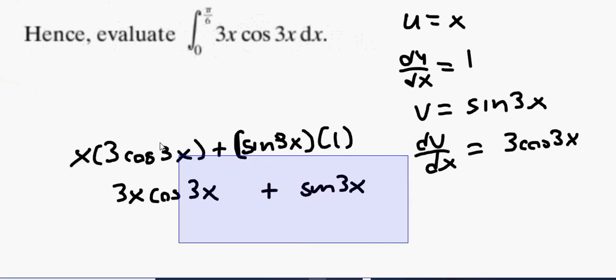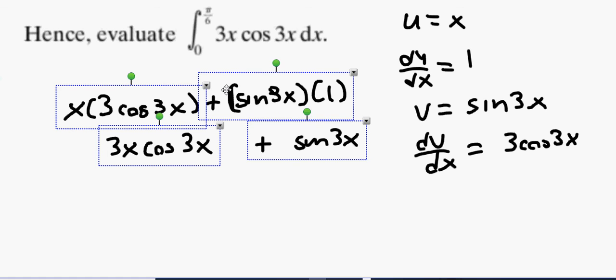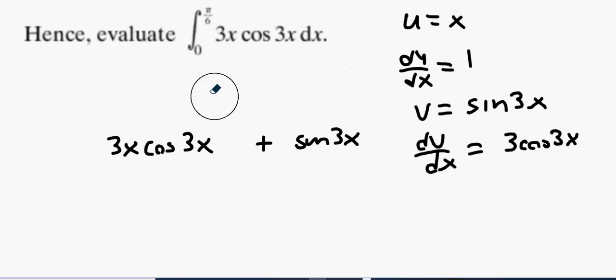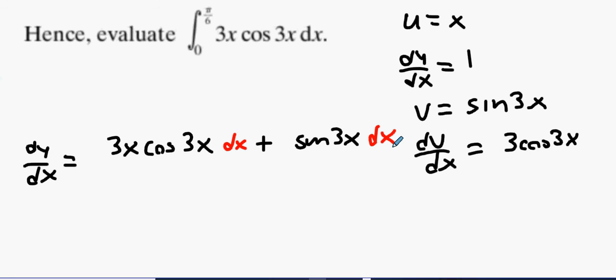Now, here's what we're left with. This is our answer for the derivative, dy dx. I'm going to cross multiply up the dx, so it appears here, and it also appears here. Is that alright?